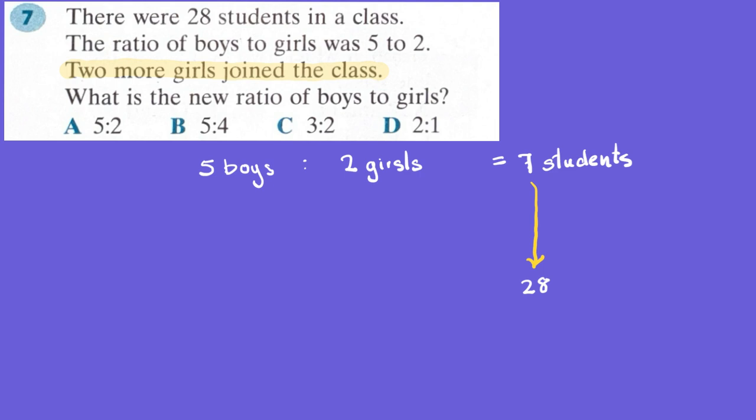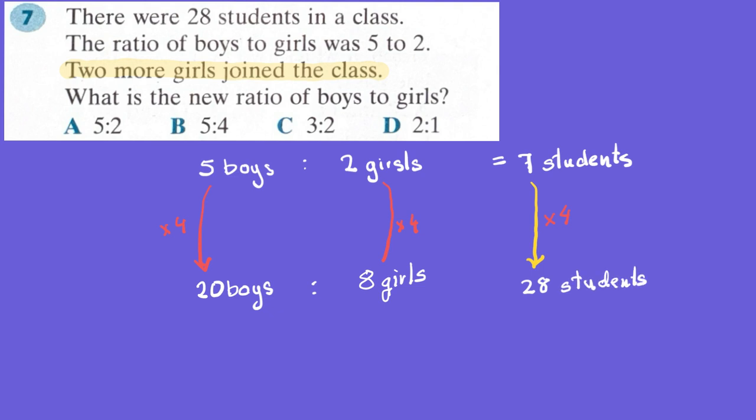We would need to multiply it by 4. In that case, we will also need to multiply the 2 girls by 4 and we will have 8 girls. And if we multiply 5 boys by 4 as well, we will have 20 boys. So our ratio is 20 boys to 8 girls. That way we get the 28 students.